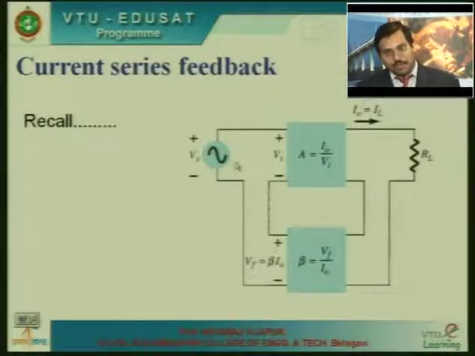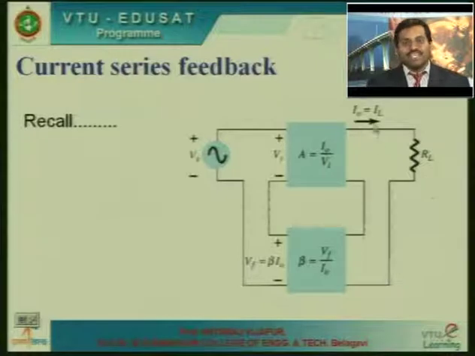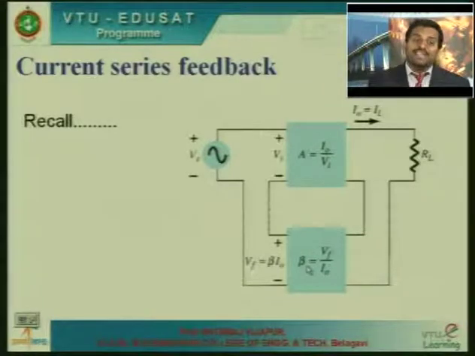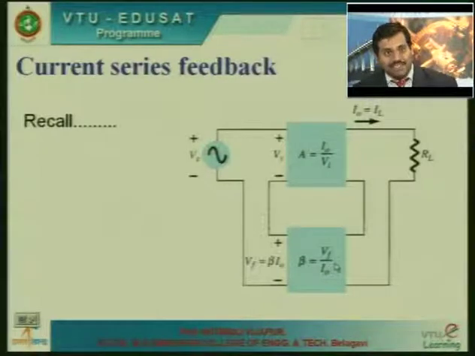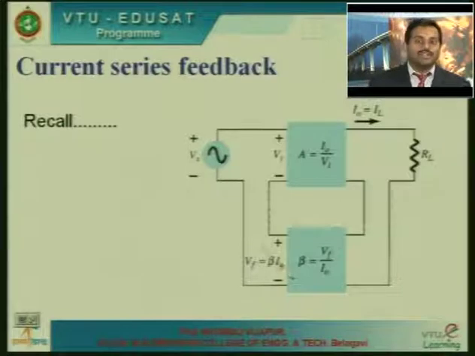This is the input voltage Vs. The load current generated is fed back in series to the feedback network. So you are sensing the feedback current via the feedback network. This feedback network generates an output voltage depending on the input current it receives. So I0 is the input current for this feedback network, and it generates an output voltage Vf equal to beta into I0.